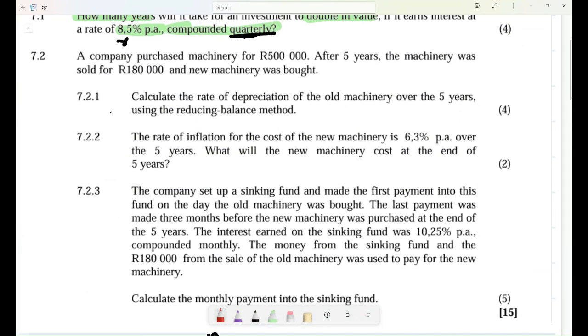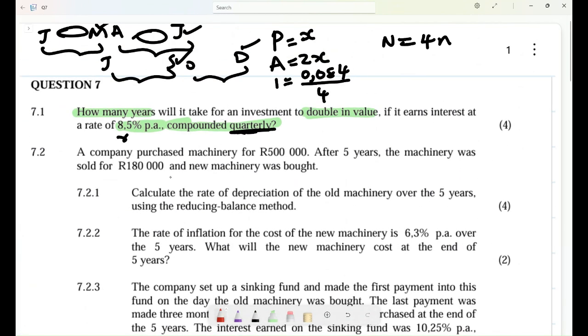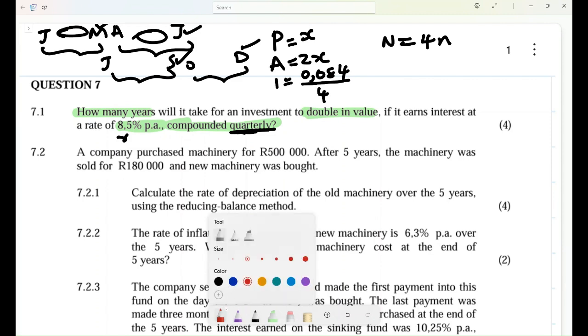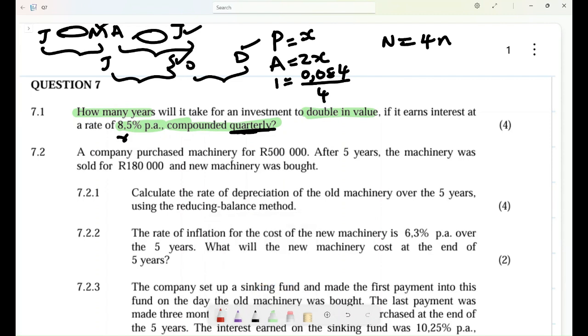All right. Now we move on. In this statement we are told that a company purchases machinery for 500,000. All right, this is us buying machinery for school, 500,000. After 5 years, the machinery was sold for 180,000, and new machinery was bought.